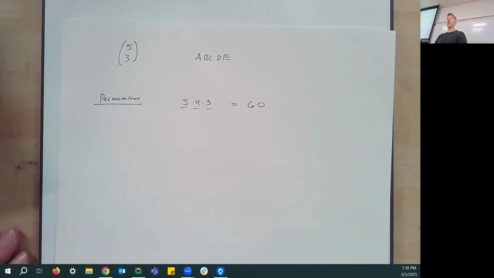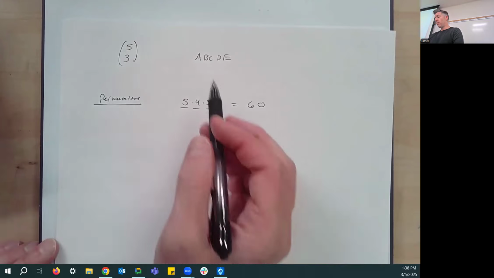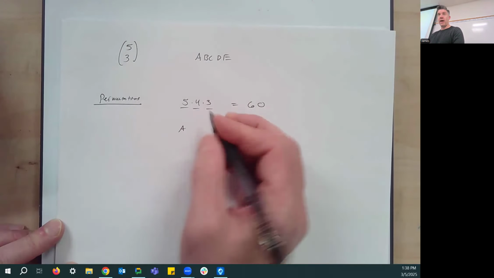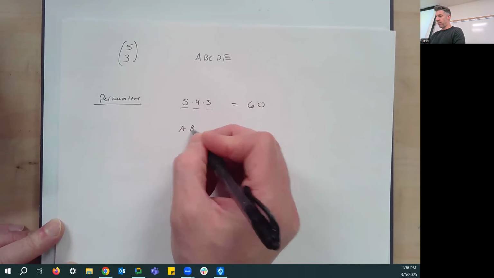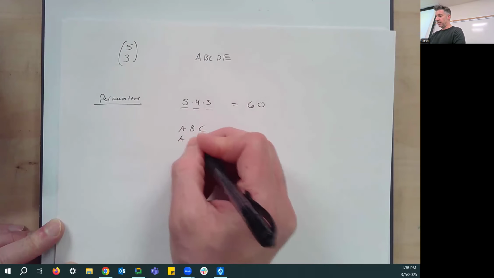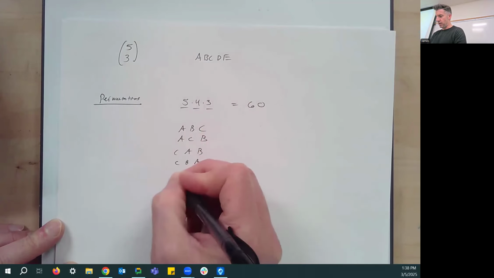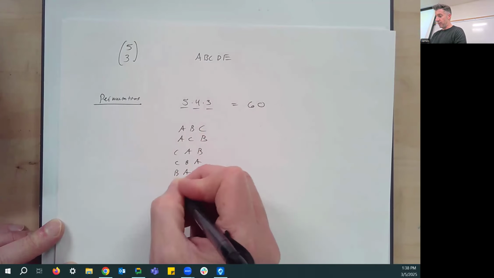But the problem is I'm overcounting by a lot here. And the reason that's true is because I'm thinking order matters, right? I could have picked the A green marble, the B green marble, then the C green marble, or ACB, or CAB, or CBA, or BAC, or BCA.